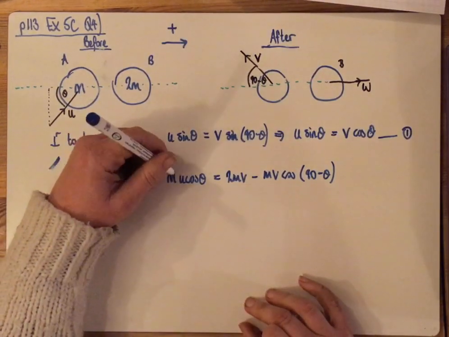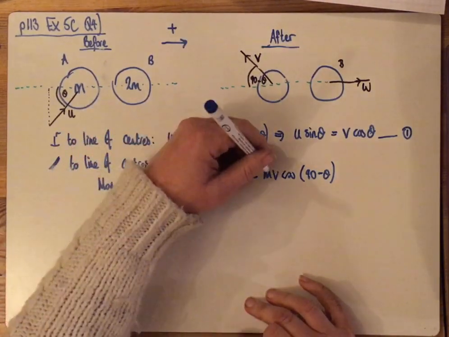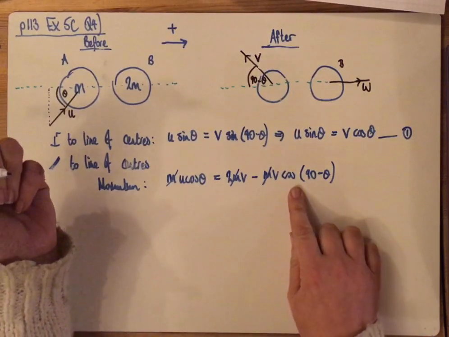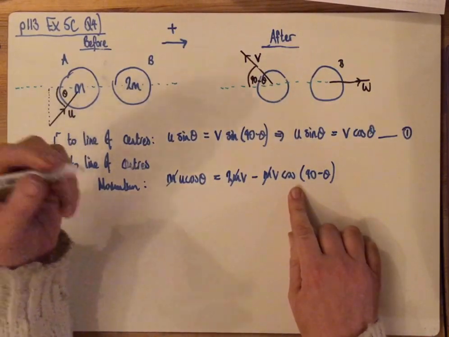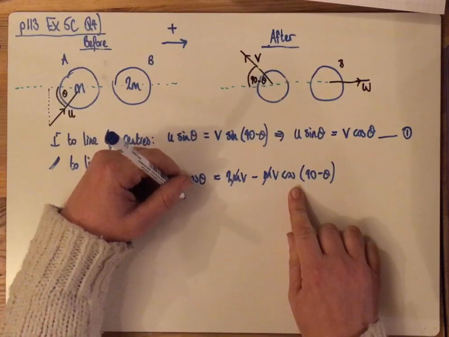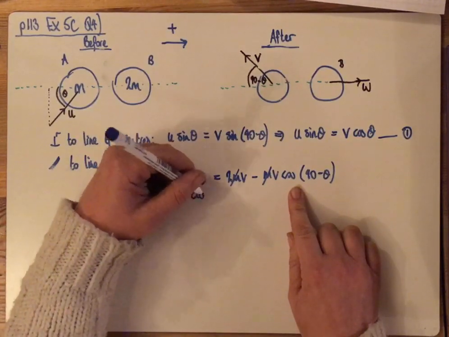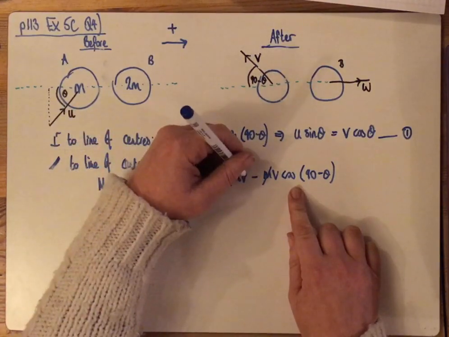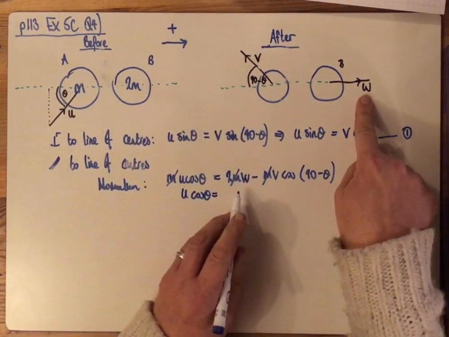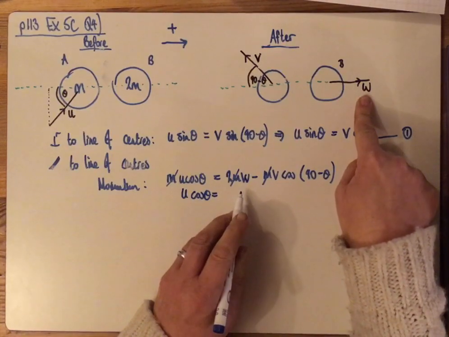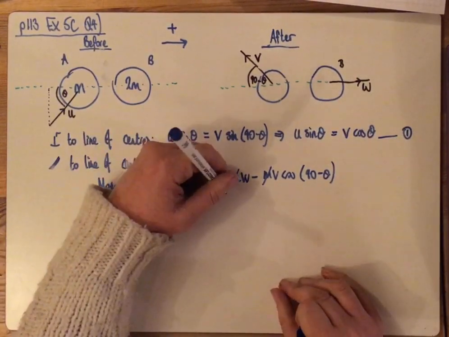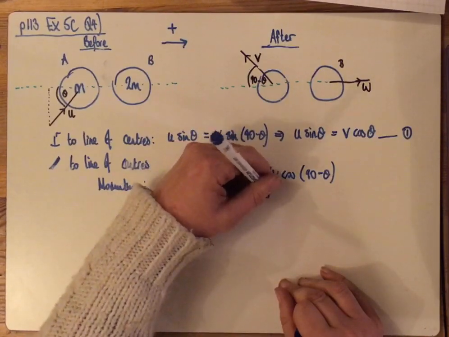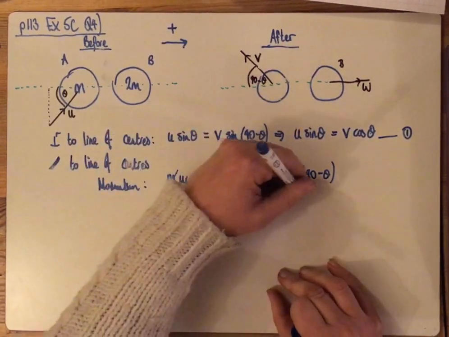The masses are all going to cancel off, which makes life easier. And cos of 90 minus theta is sine theta. So u cos theta equals 2w minus v sine theta.